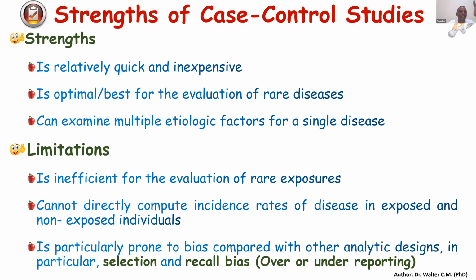Its strength is that it is quick. It's not consuming a lot of money or human resources. And it's the best when you want to evaluate rare diseases. We said cases means they must be few.